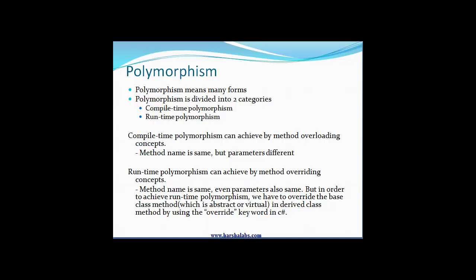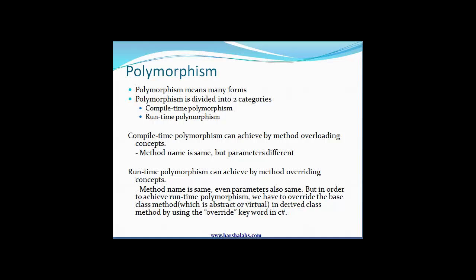If I want to create one more method with overloading, I will create DisplayName with the employee name parameter and introduce one more parameter, employee ID. So in this example, I have used three methods with the same name but different parameters: one parameterless, second with the employee name, and the third with employee name and employee ID. But when it comes to runtime polymorphism, the method is resolved at runtime itself.